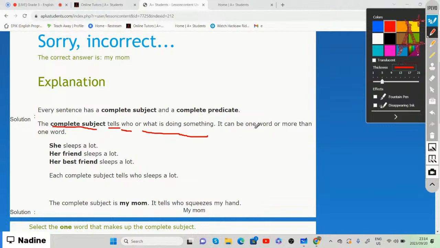And like we said, it can be one word or more than one word. When we say one word, it's like if we say John runs after the ball. John is one word.